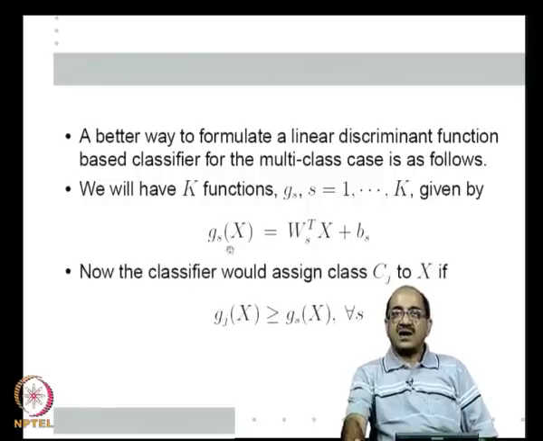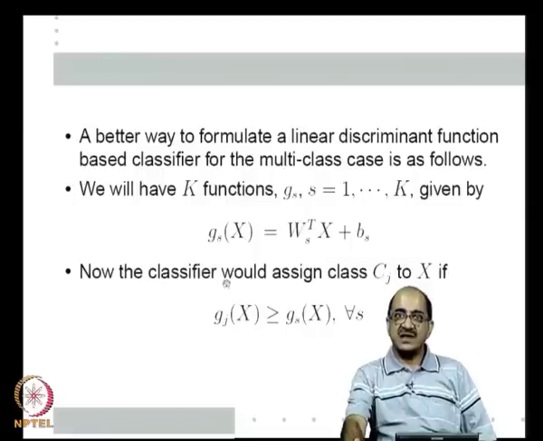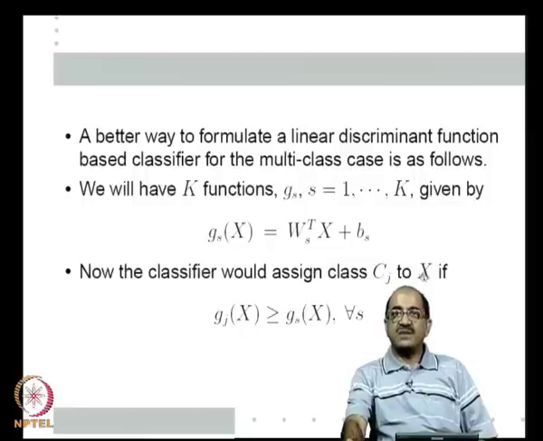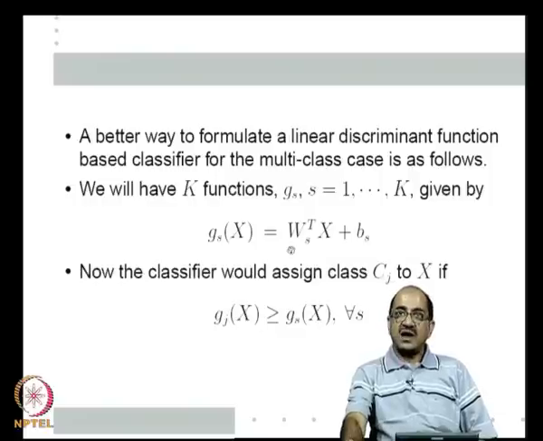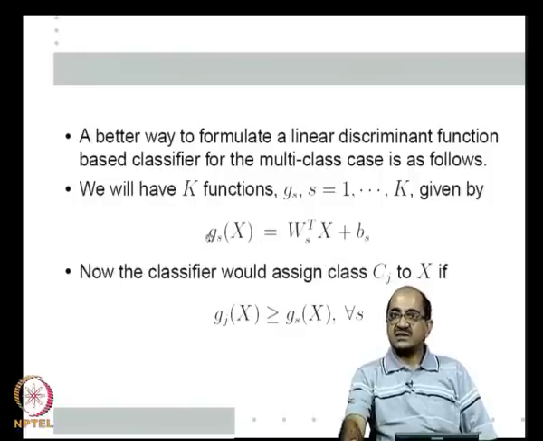Now, I define a way of making all such functions into a classifier. Once I have all these functions, if you give me an x, I will assign x to class C_j if g_j of x is greater than g_s of x for all s. Right. So, I calculate the value of x at each of these functions, and whichever function has the maximum value at that point x, I will assign x to that class.